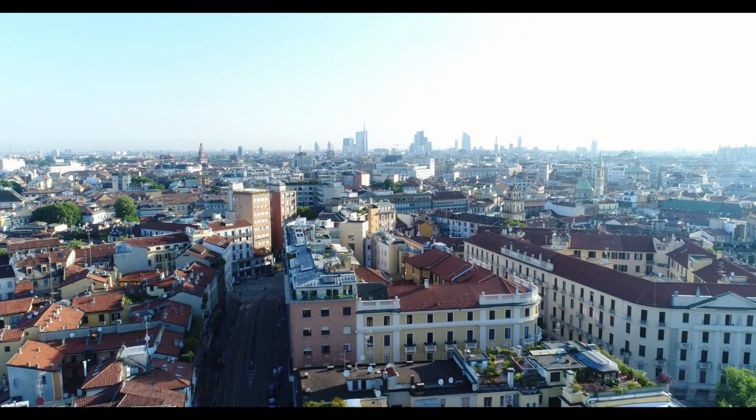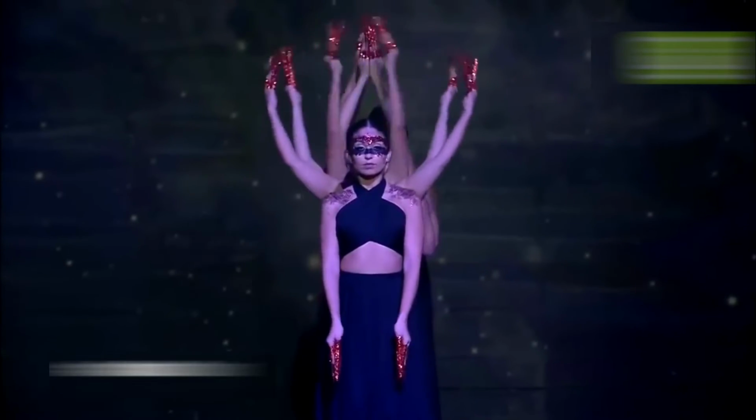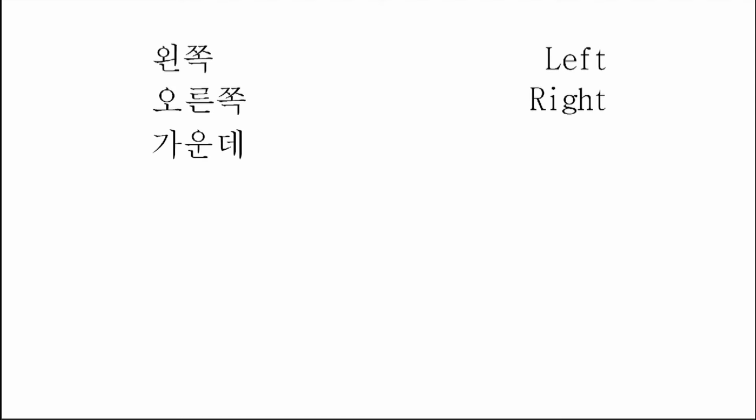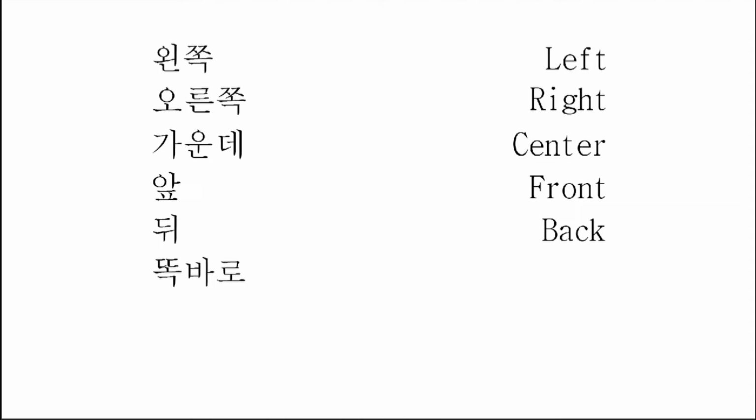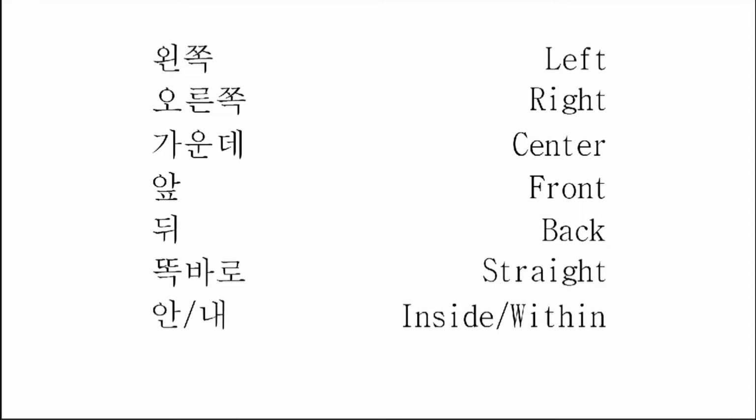Since we have talked about locations, let me explain very quickly all the direction markers and location markers, as we are going to use them frequently in the next lessons. 왼쪽, left. 오른쪽, right. 가운데, center. 위, up. 앞, front. 뒤, back. 똑바로, straight. 안, 내, inside or within. 밖, 외, outside. 외 is also used for apart or except.